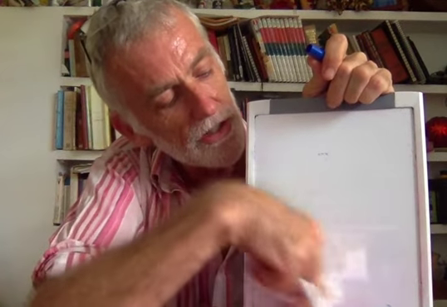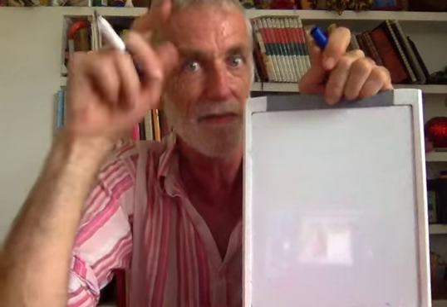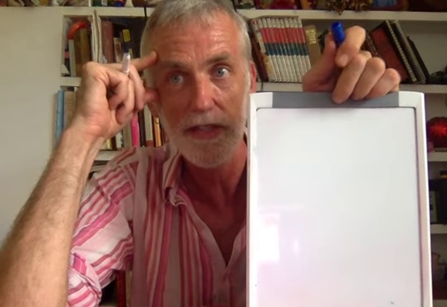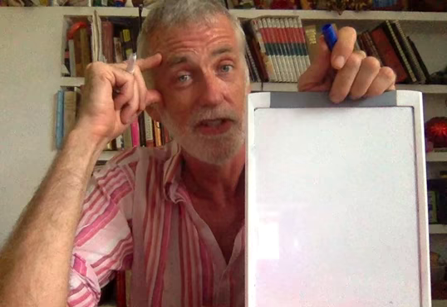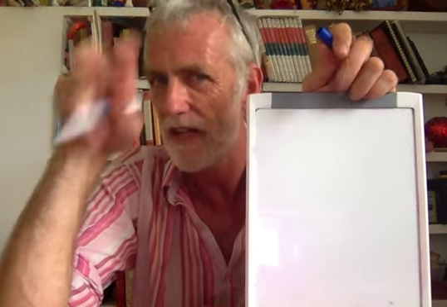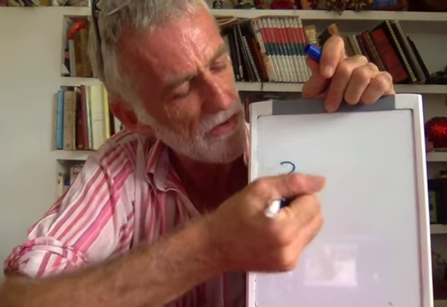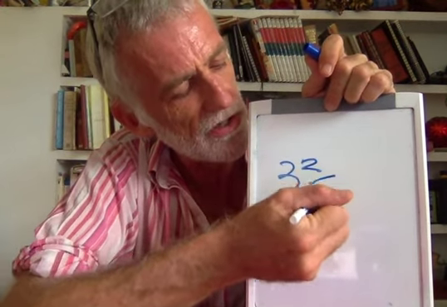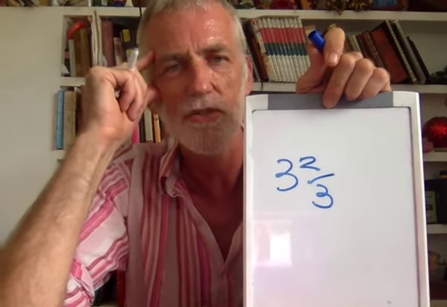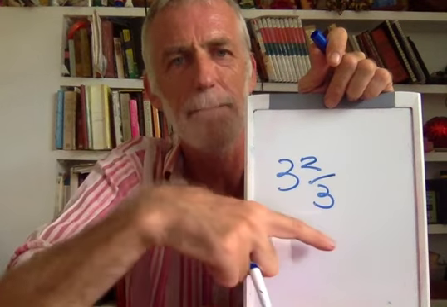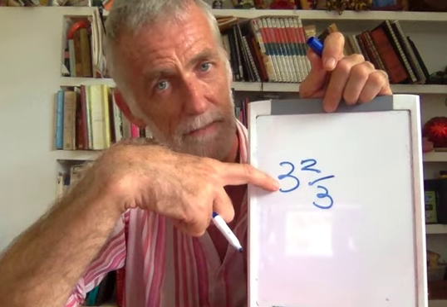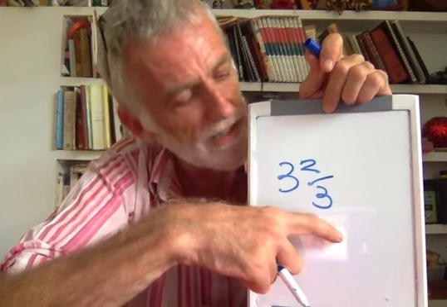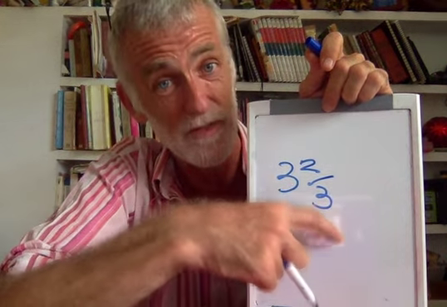Let's go backwards for a second, because sometimes when you are doing stuff like multiplication and division, you're going to need to complify it. You're going to change it from, you've got 3 2/3. You want to change it into a number that's not a mixed fraction. And so how do you do that? You multiply the big number, 3, times the bottom number, 3. 3 times 3 is 9.